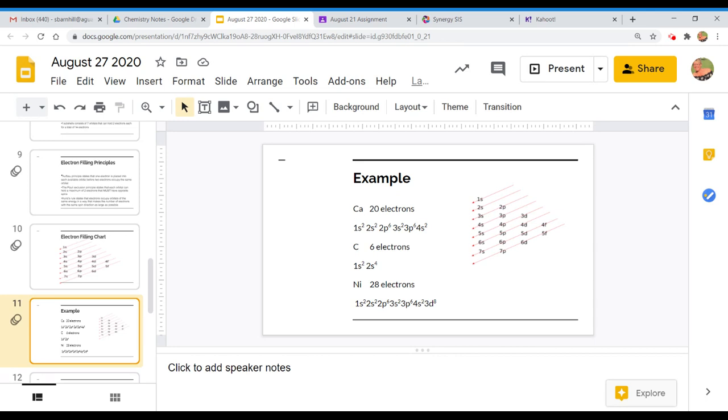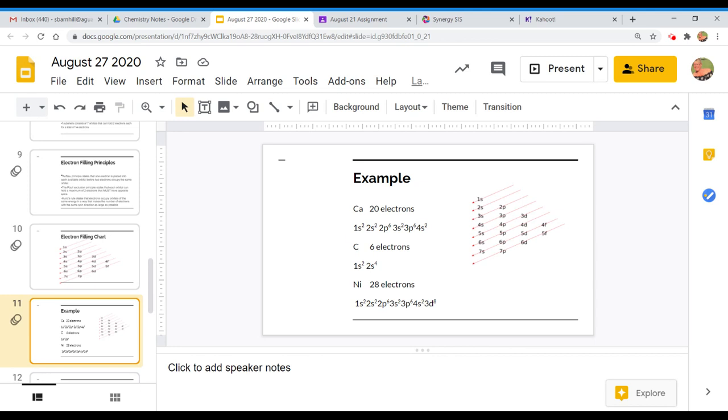If calcium has 20 electrons, and if we look on the periodic table, calcium has an atomic number of 20, so that means it has 20 protons. That means it also has 20 electrons. So we're going to use this electron filling chart, and the first place that we're going to put electrons is the 1s orbital. All s orbitals can hold 2 electrons.